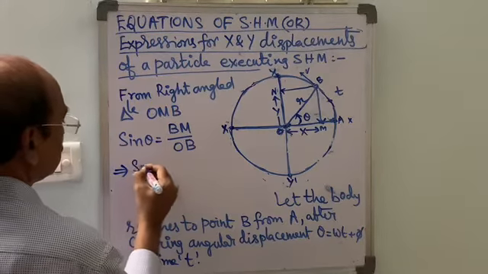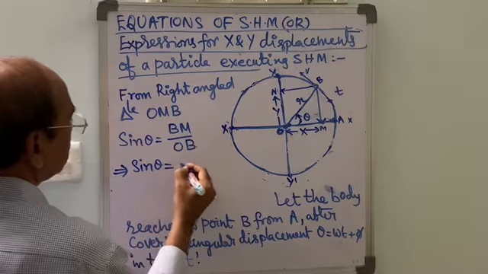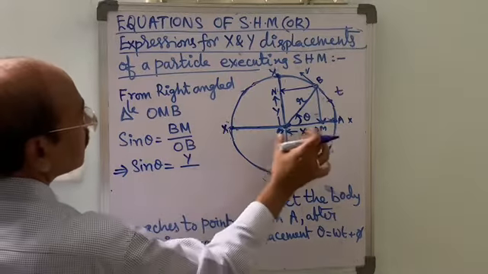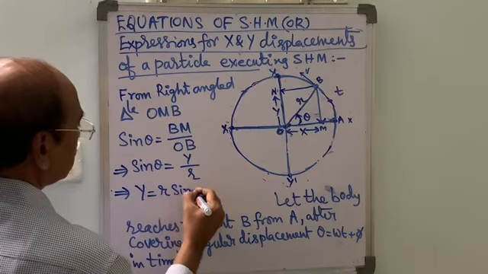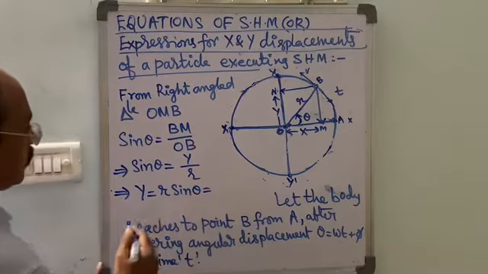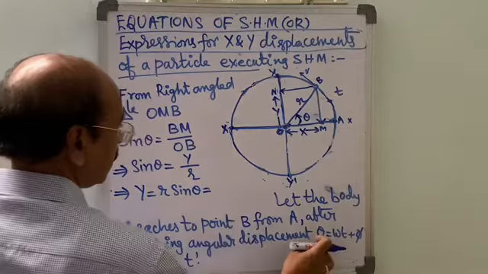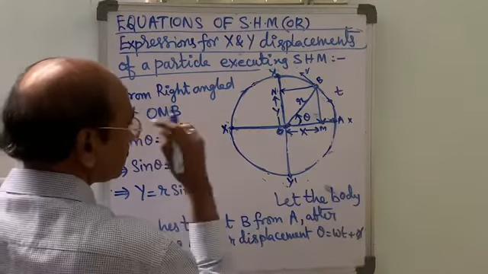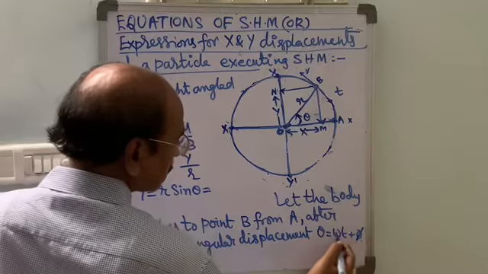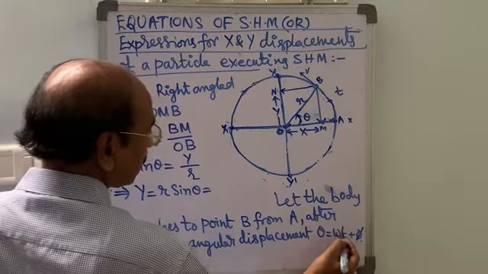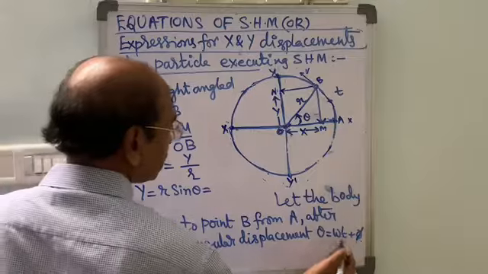Therefore, sin theta is equal to y by OB, or y is equal to r sin theta, where theta is equal to omega t plus phi, where phi is the phase, omega is the angular velocity and t is the time.